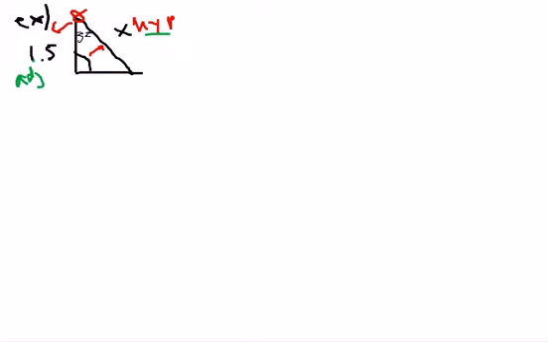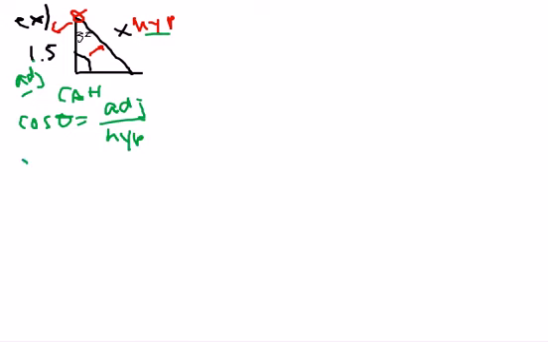So we have a hypotenuse and an adjacent. If you remember from SOH CAH TOA, the one that has an A and an H in it is CAH. So you're going to be using cosine of theta is equal to your adjacent over your hypotenuse.